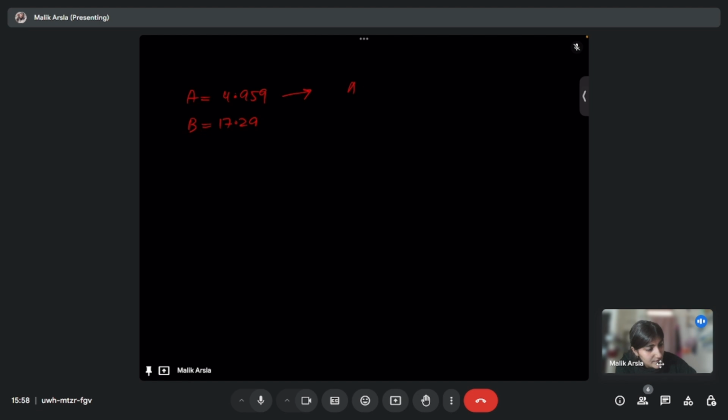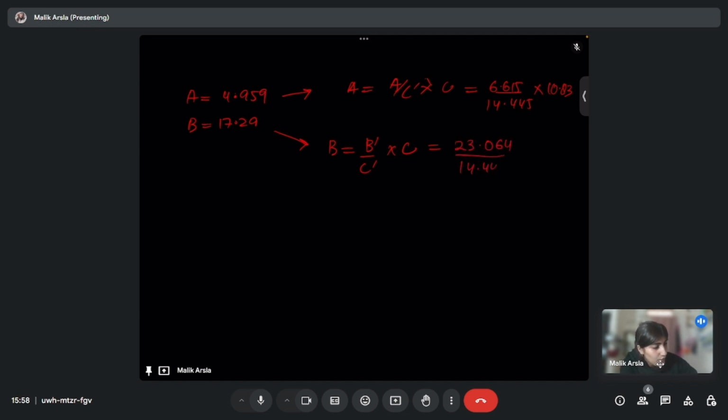a is equal to nothing but a dash by c dash into c, which was a dash 6.615 upon 14.445 into 10.83, right? And b is equal to b dash by c dash into c, so it is equal to 23.064 upon 14.445 into 10.83.